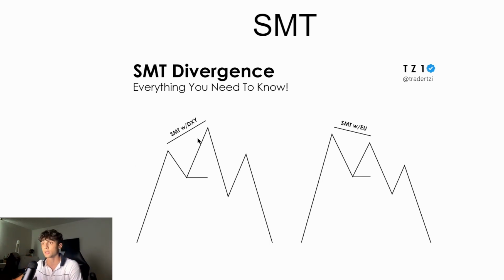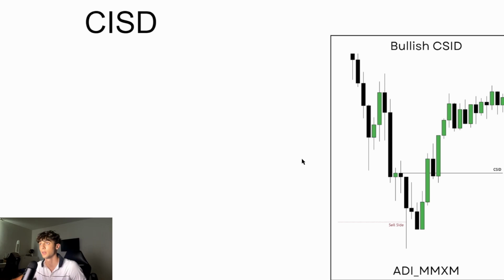Here is an example of SMT between EU and DXY. See, this one made a higher high, but this one made a low. It couldn't make the high. So it's basically a way to confirm your entry, okay? And I'll show you guys live examples later.